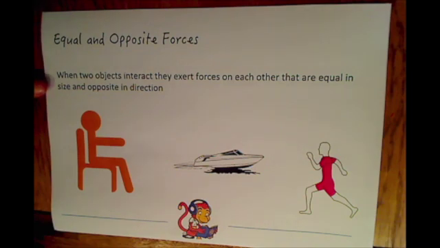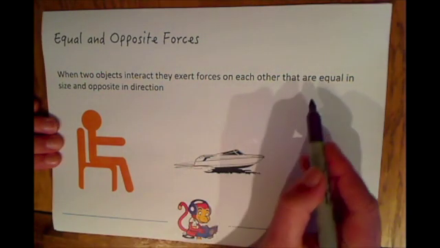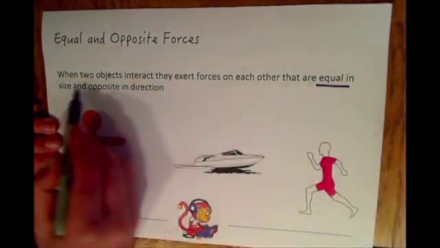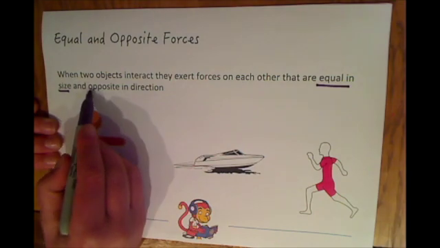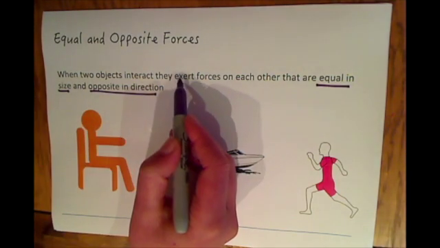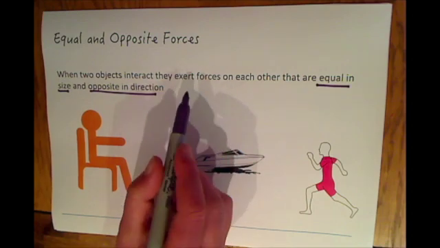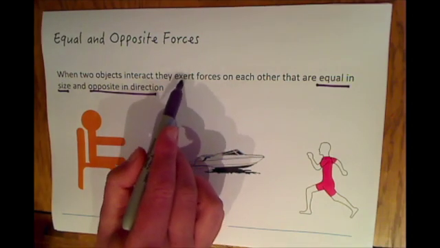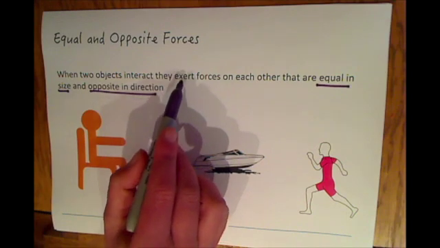We're going to look at this rule today that says when two objects interact, they exert forces on each other that are equal in size and opposite in direction. By exert, they just mean when one pushes on the other, the other also pushes back on the first object.